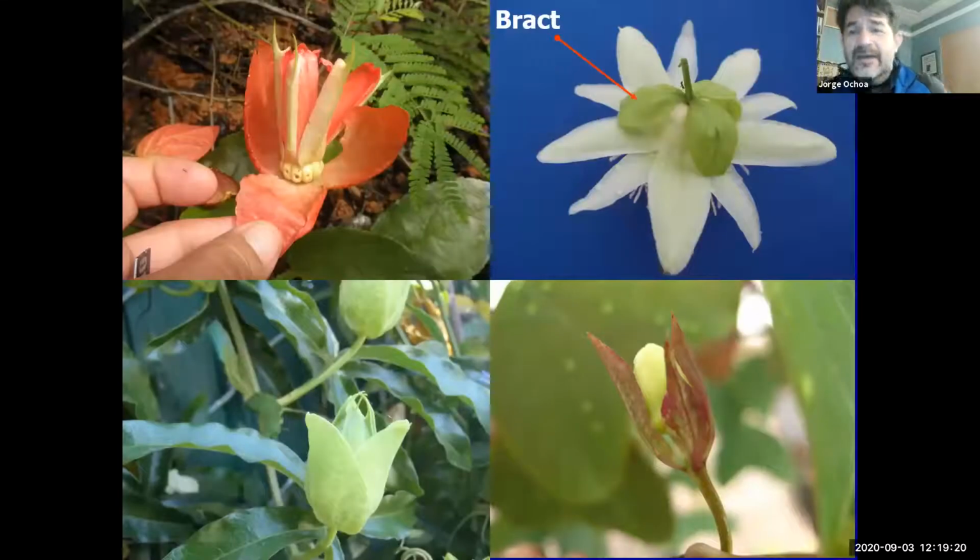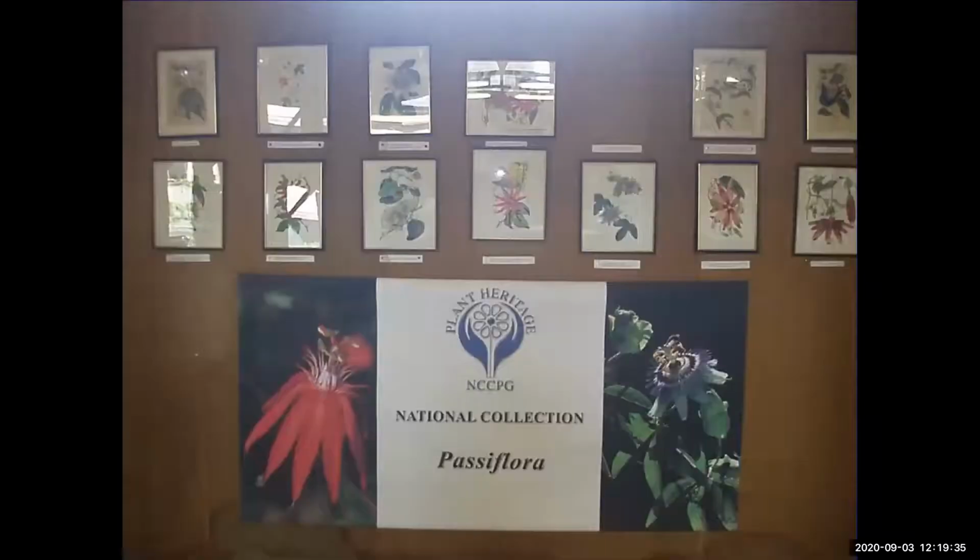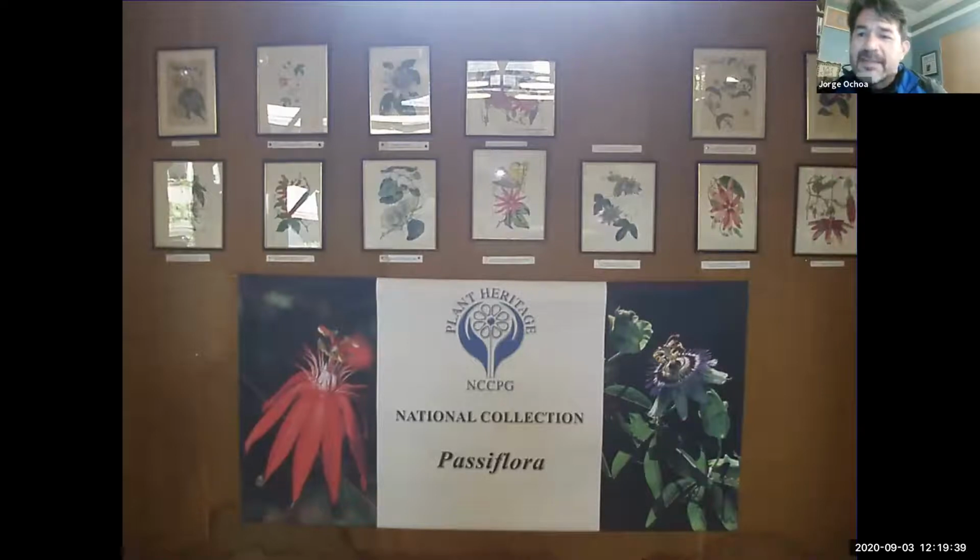And on the back of the flowers, we have another structure known as bracts. Those are modified leaves. Those will represent the Holy Trinity, the Father, the Son, and the Holy Spirit, for the crucifixion. And the legend made the passion flowers extremely popular.